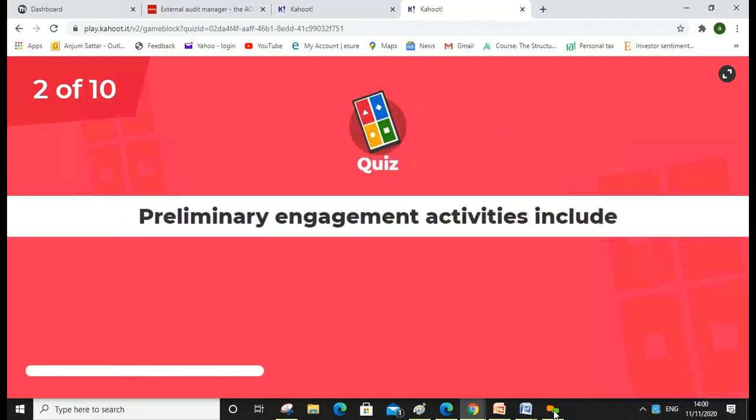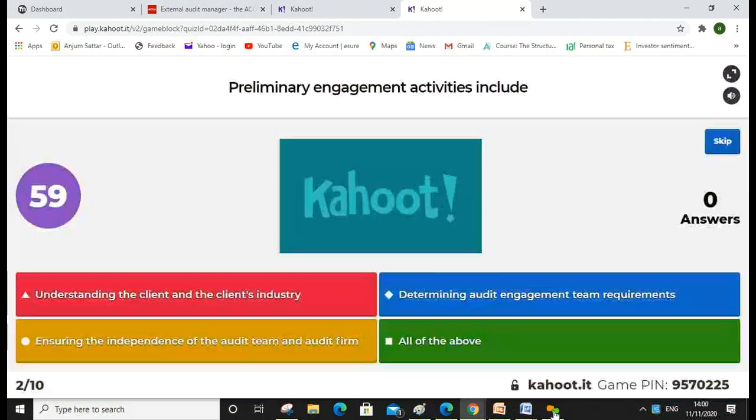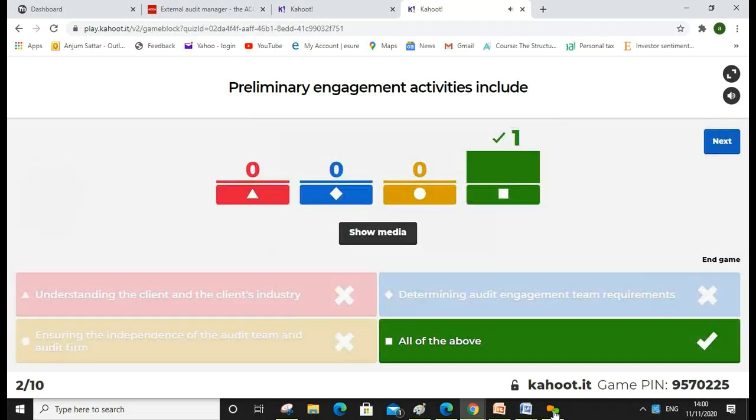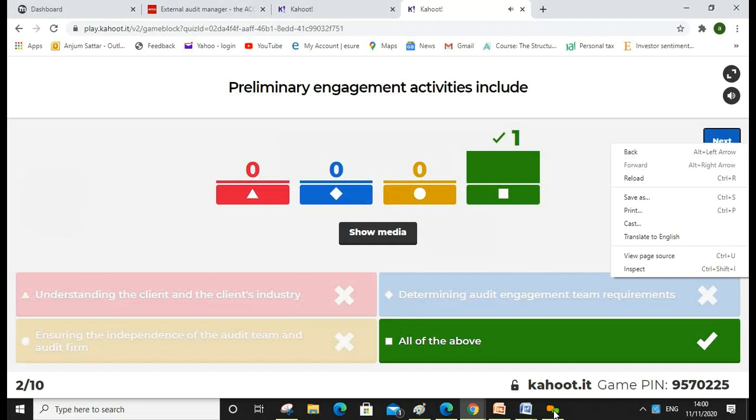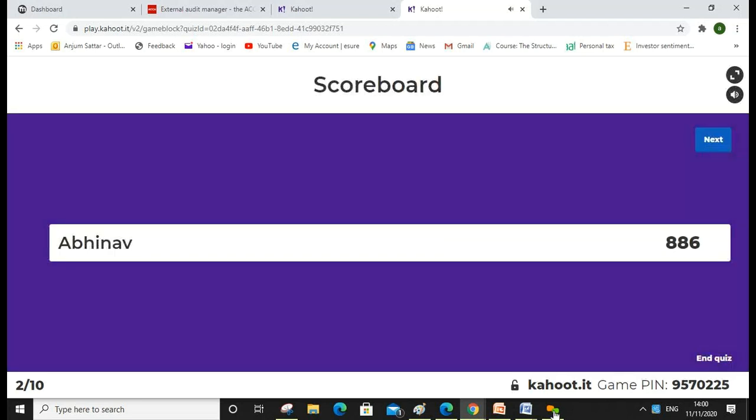Which is the correct one? Primary engagement activity includes which, we said engagement. Excellent. Okay, next.